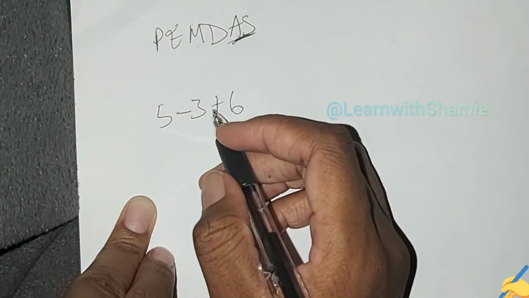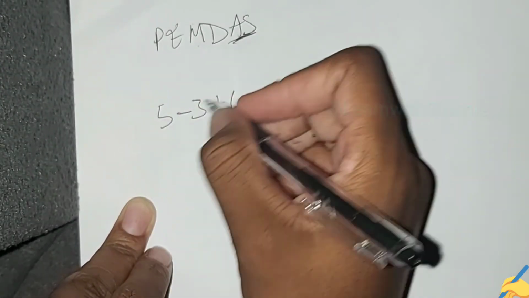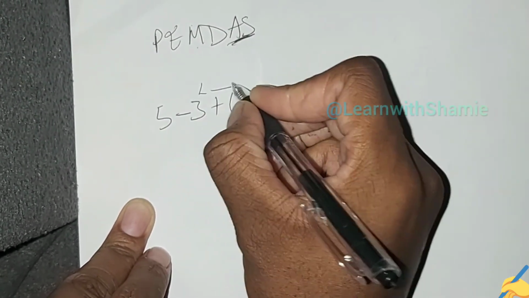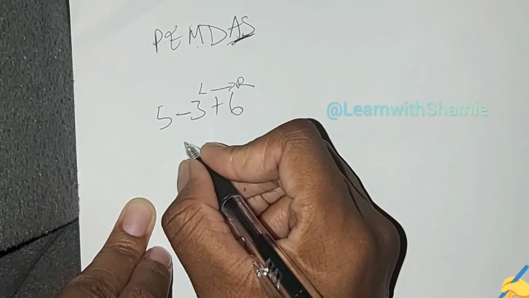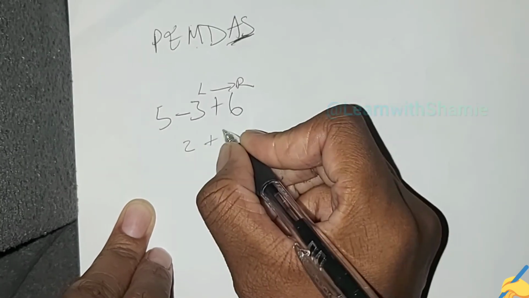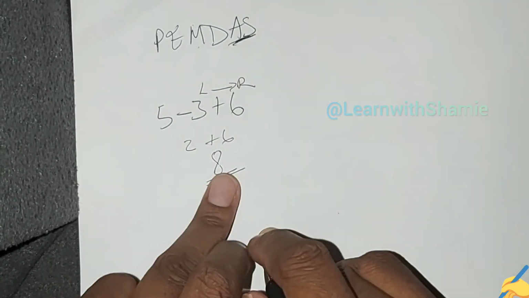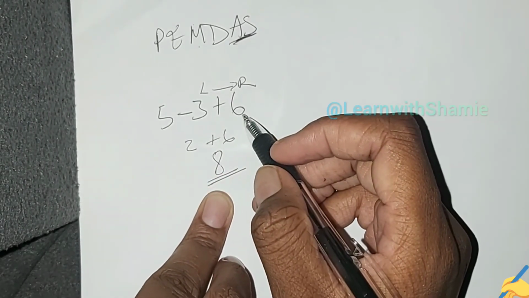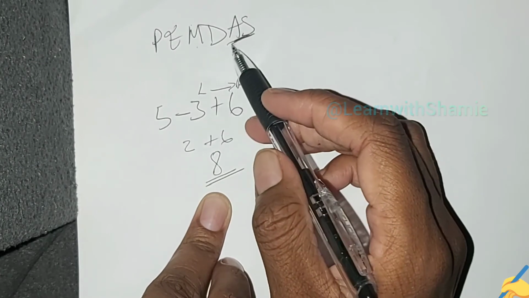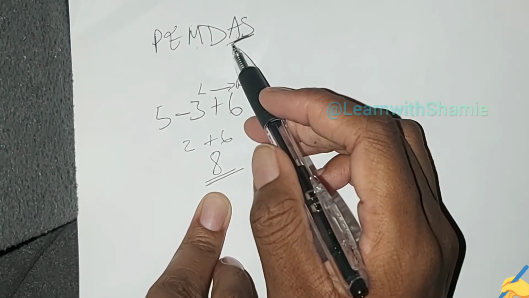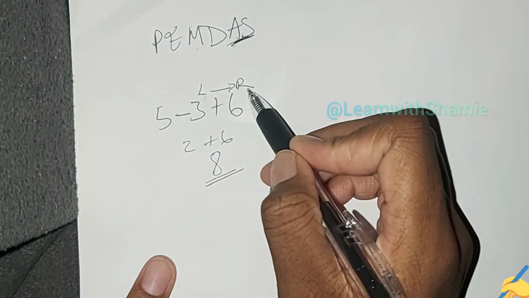So in this problem, you work the problem from left to right. So 5 minus 3 is equal to 2, plus 6, and the final answer would be 8. So when you have an equation that has both addition and subtraction, which are of equal importance, you work the problem from left to right.